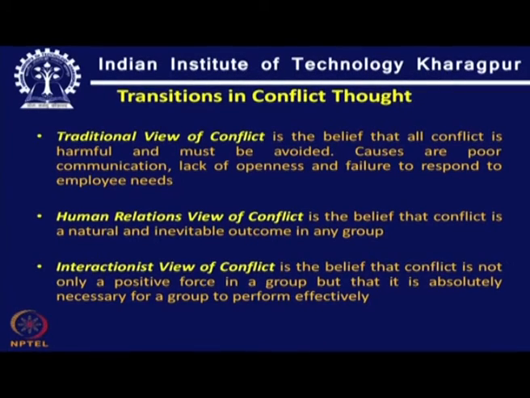Because there are so many members with individual differences, it's inevitable that conflict arises from differences in interest level, attitudes, values, and personality patterns. So the human relations view holds that conflict is a natural and inevitable outcome in any group.